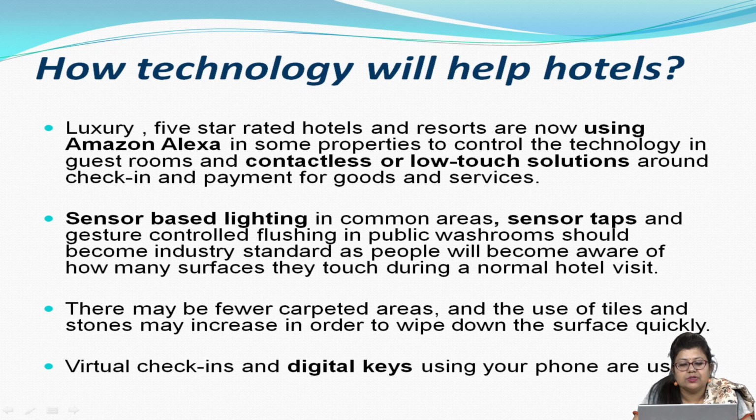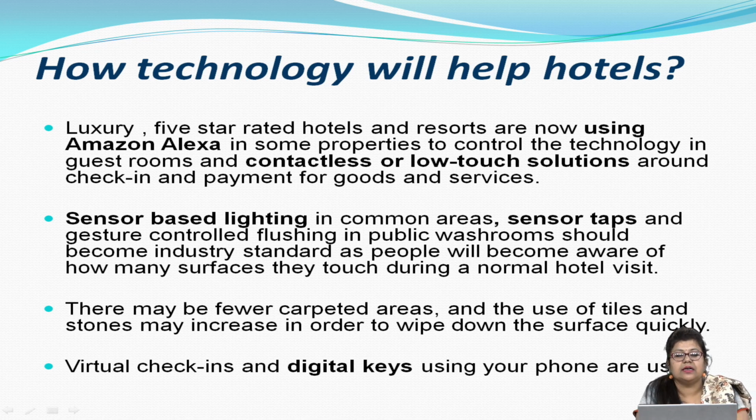Next technology: sensor-based lighting in common areas, sensor taps, gesture controls, and flushing in public washrooms should become industry standard, as people become aware of how many surfaces they touch during a normal hotel visit. There may be fewer carpeted areas, and the use of tiles and stones may increase in order to wipe down surfaces quickly. Virtual check-ins or digital keys using your phones are also used in some hotels.